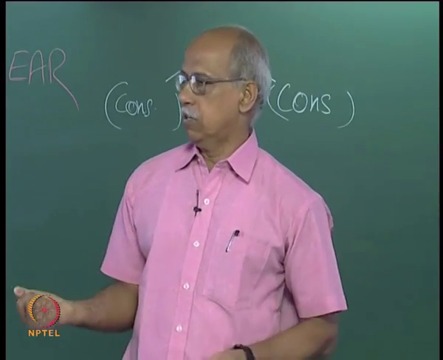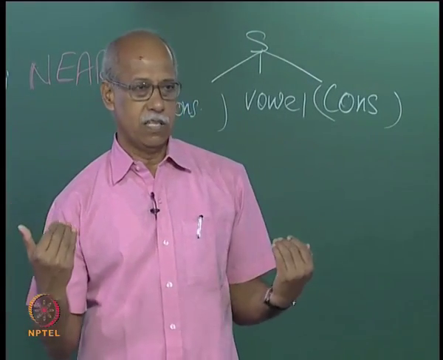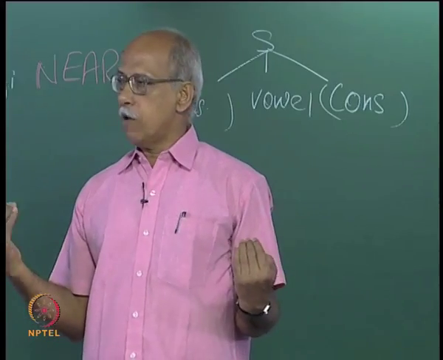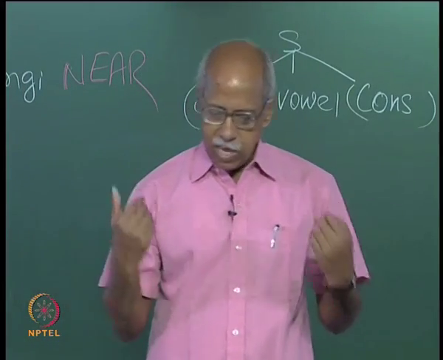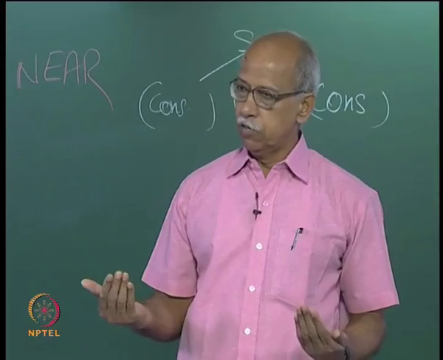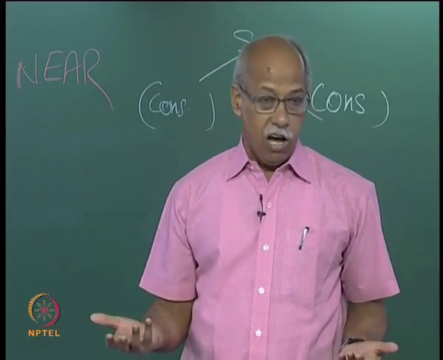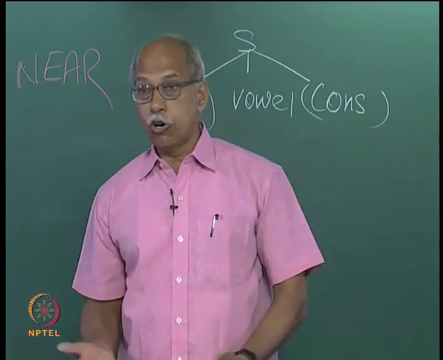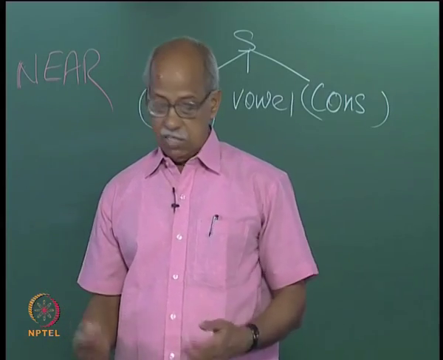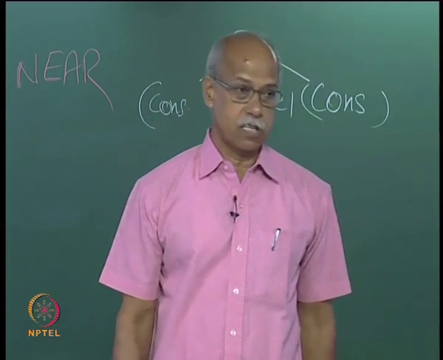A syllable, can you come back to me please? A word can have only one syllable, as in cat, or it can have 5 or even more syllables, as in university.